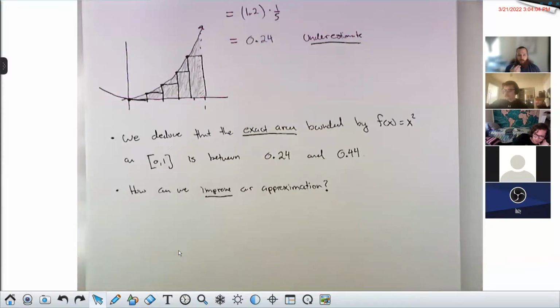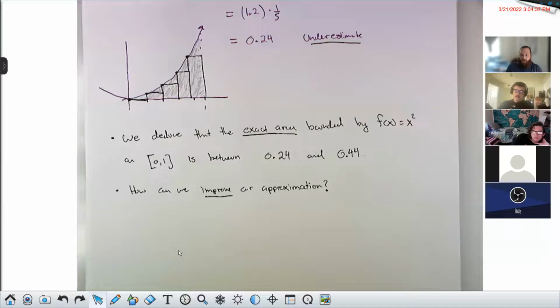There are a bunch of good answers to this, so I'd love to hear your thoughts. Does anybody have an idea how I could get a better approximation for the exact area under this curve? Guesses are fine. Any thoughts at all?